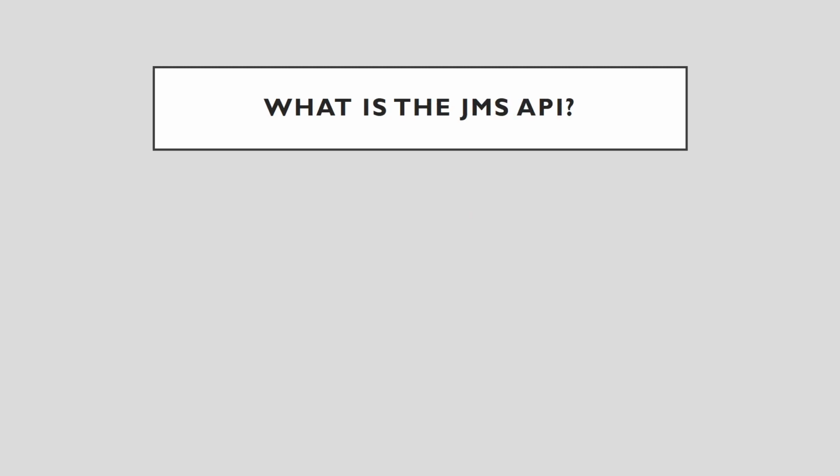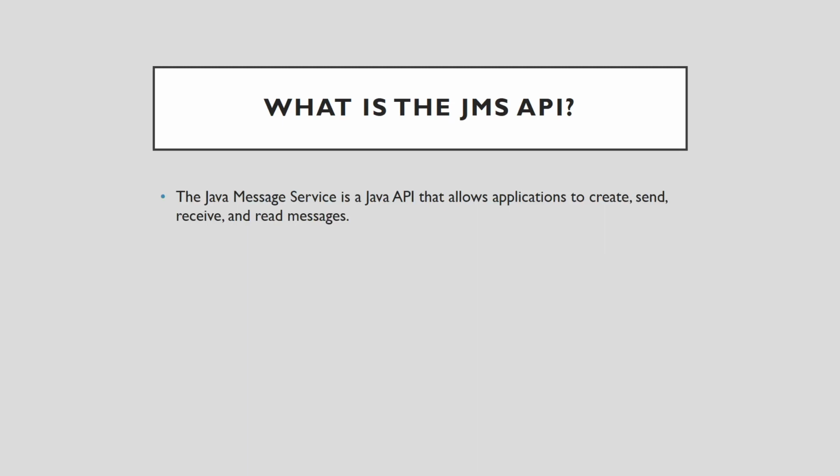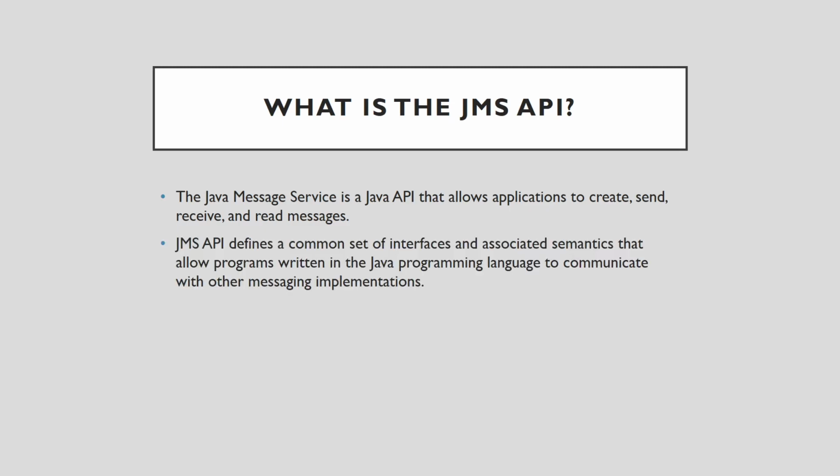Now, what is the JMS API? The Java Message Service is a Java API that allows applications to create, send, receive, and read messages. Designed by Sun and several partner companies, the JMS API defines a common set of interfaces and associated semantics that allow programs written in the Java programming language to communicate with other messaging implementations.